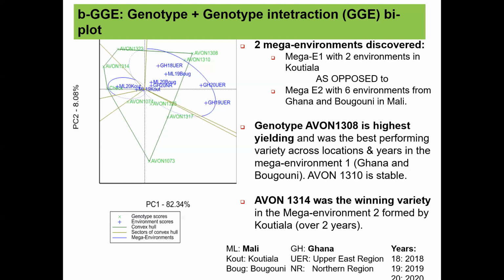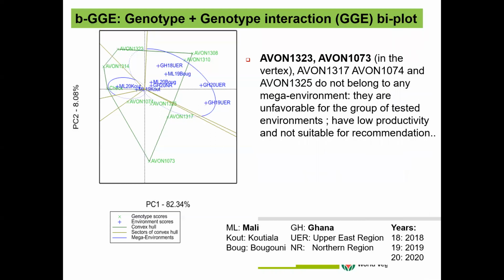AVON1314 was the winning variety in the mega environment 2 formed by Koutiala over 2 years. In this slide, the above 5 onion genotypes have low productivity and were not suitable for recommendation because they do not fit in the 2 mega environments identified in the study.